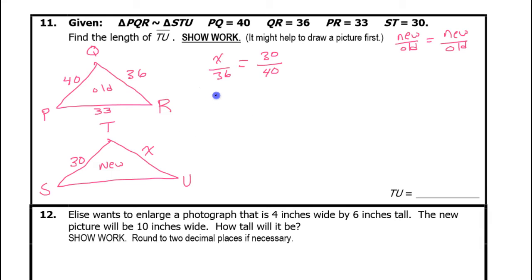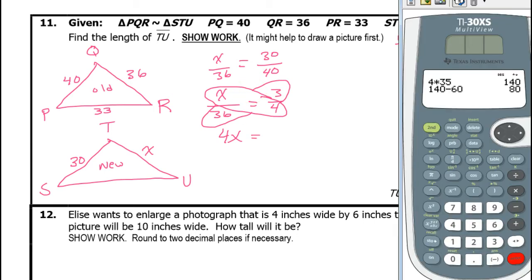I am going to reduce this, so this will give me x over 36 is equal to 3/4. And then I'm going to cross multiply. So if I look at this diagonal, that's going to be 4x. And then if I do this diagonal, that's 108.